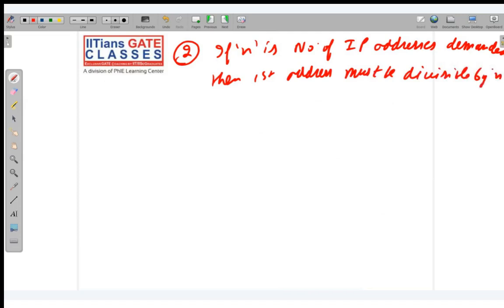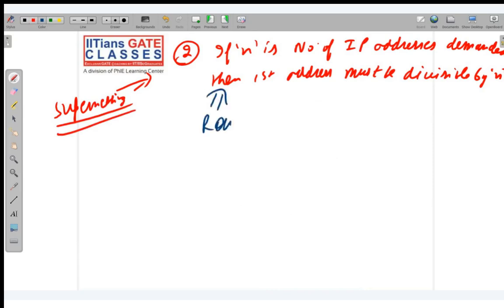Same restriction as what we did in supernetting. We are copy pasting the same restrictions, and as they are, they have been asked in GATE. And what reason did I give you? Routing. So that routing becomes possible. Otherwise routing will not be possible if the first address is not divisible by the total number of IP addresses demanded. So this is an important point.